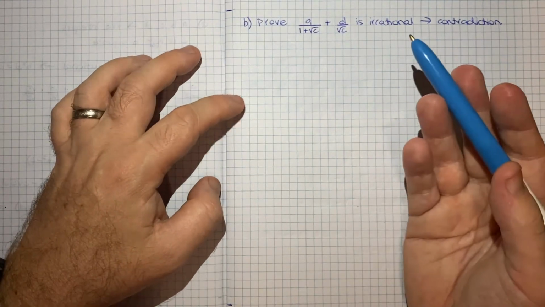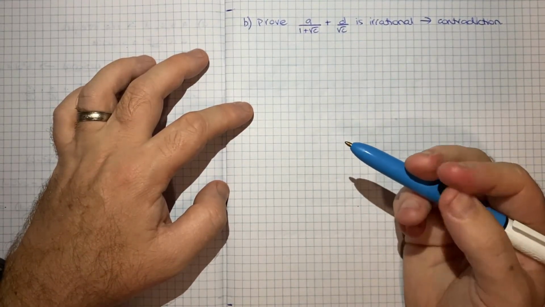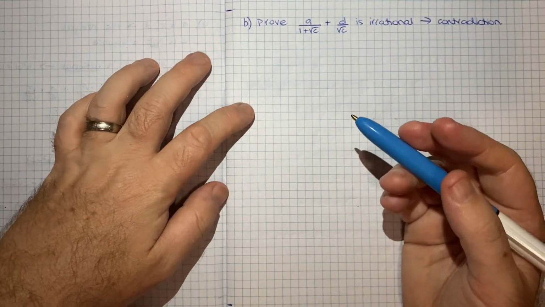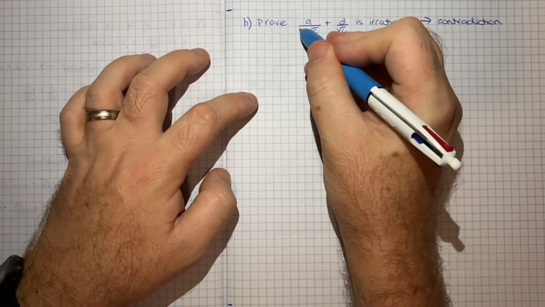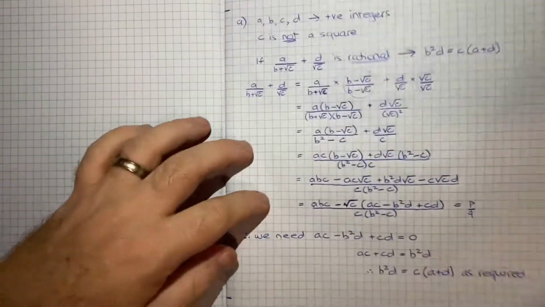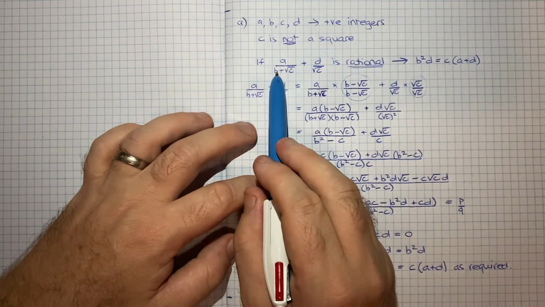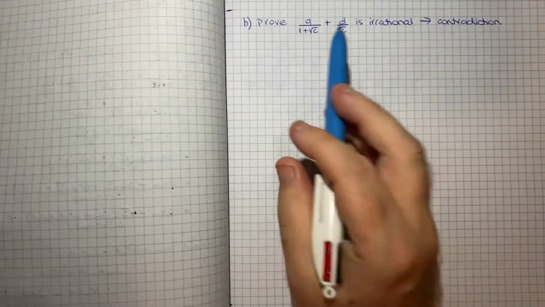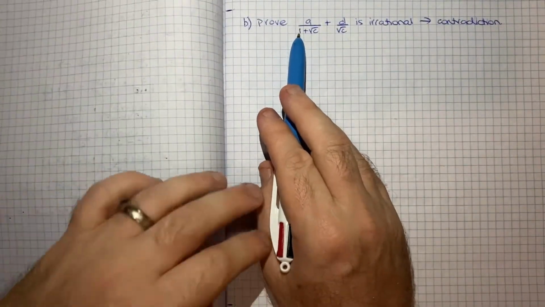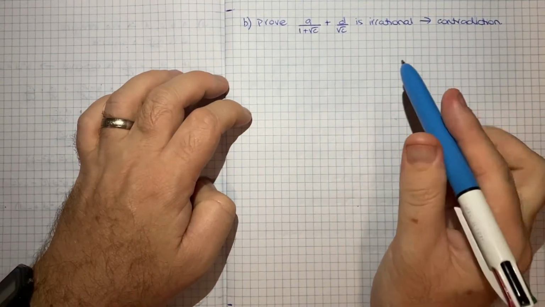And so through that contradiction, we can then claim that the opposite of our assumption must be what's true. So first thing I'd probably note is that this expression is exactly the expression that we had in part A, with the one difference being that instead of a b, we've got a 1. So that's something to note, because that's going to become relevant later.